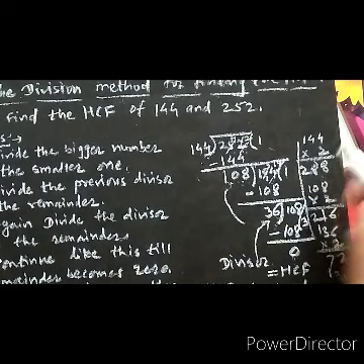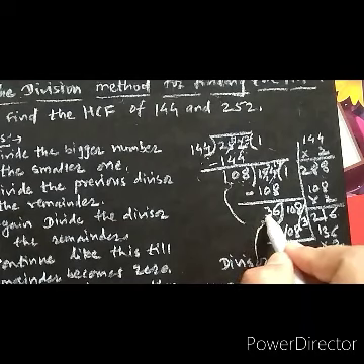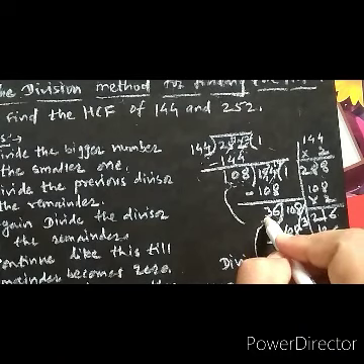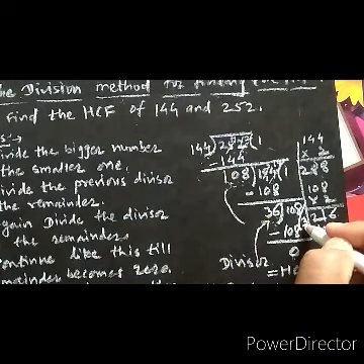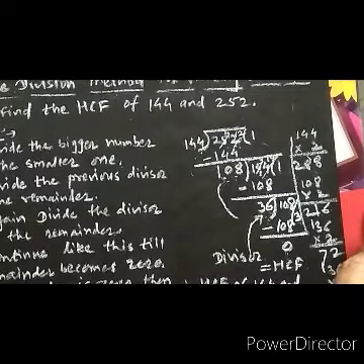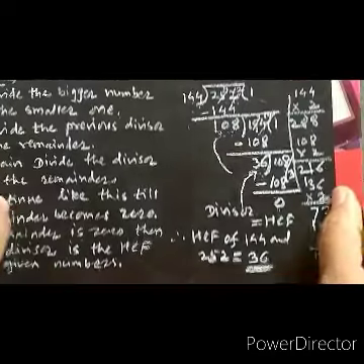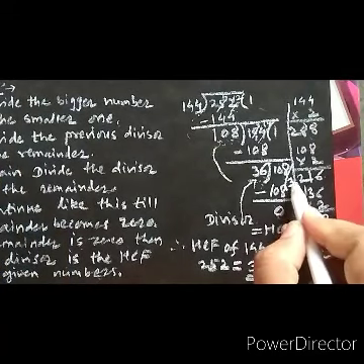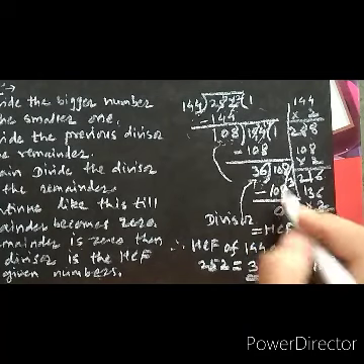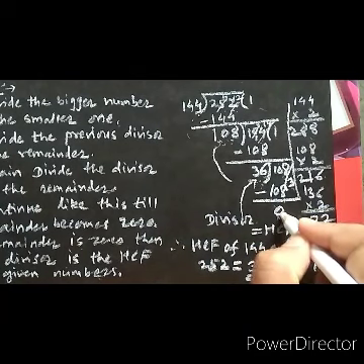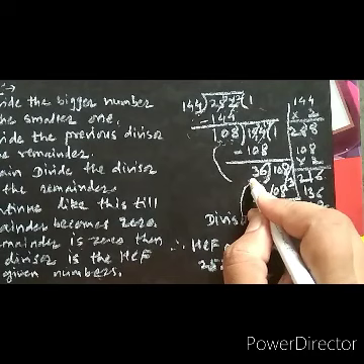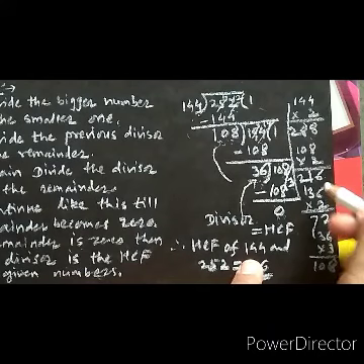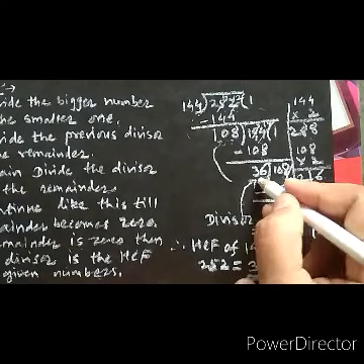Now again we take the previous divisor, 108, which is divisible by the remainder 36, and 36 3s are 108. We already did the multiplication, 36 into 2 and 36 into 3. So 108 minus 108 is 0. Now the remainder is 0. Therefore we consider this divisor as the HCF, and therefore the HCF of 144 and 252 is 36.